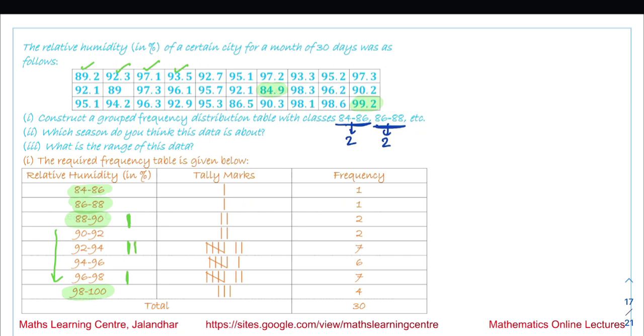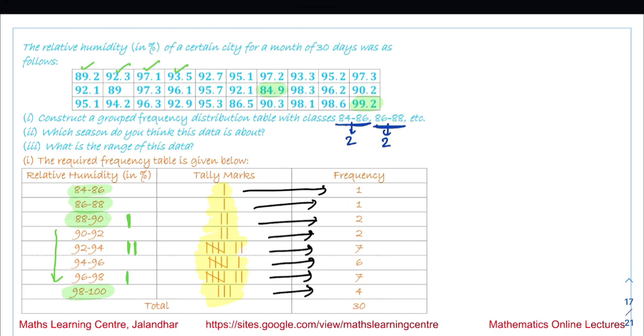So 93.5 will lie in this. Likewise, when we put the tally marks, we will get the answers. These are the tally marks that we will obtain on marking these values. And the corresponding frequencies that we have obtained are 1, 1, 2, 2, 7, 6, 7 and 4.